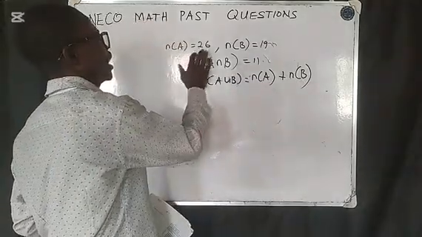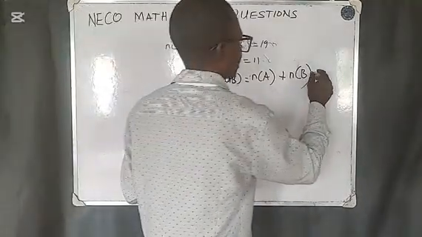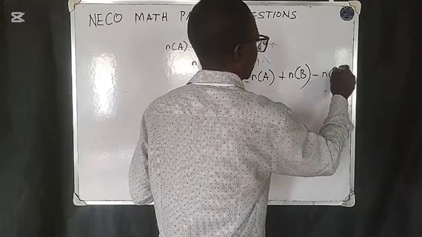There are numbers that appear here and also appear here. So we remove the intersection: minus the number in the intersection.